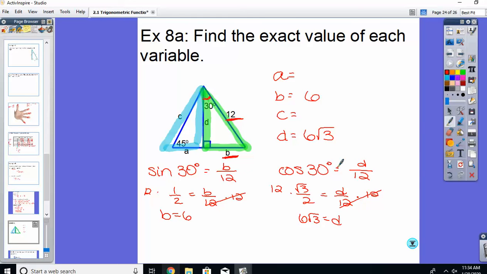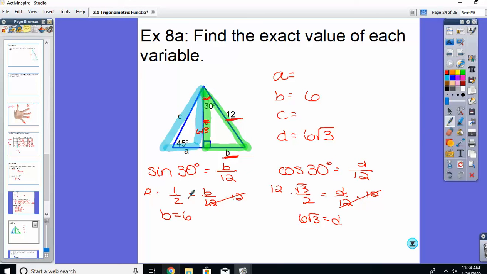Now we have to find A and C. The good news is I know my D now. So this side is 6 radical 3. Does anybody know a short way of finding what side A would be? You're probably right.